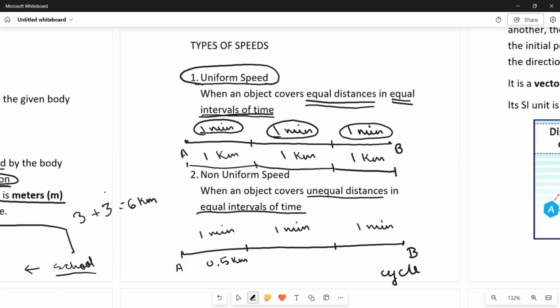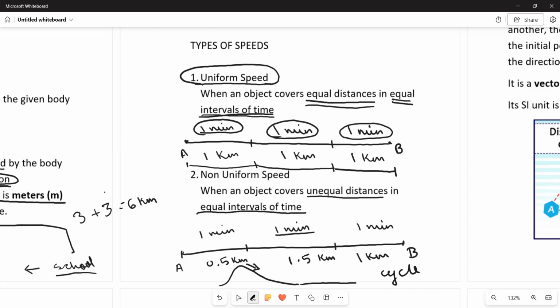And now once you went up the hill, there is now this type of slope from which you will move down. Okay. So in the next 1 minute, you traveled 1.5 kilometers. And this last 1 minute is again a straight road. So on the straight road, you covered 1.5 kilometers.